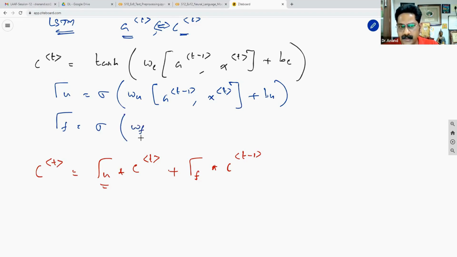Here we are using a dedicated weight for this, called W suffix F, A of t minus 1, X of t, plus B suffix F. Apart from these two, we are going to give one more gating mechanism.